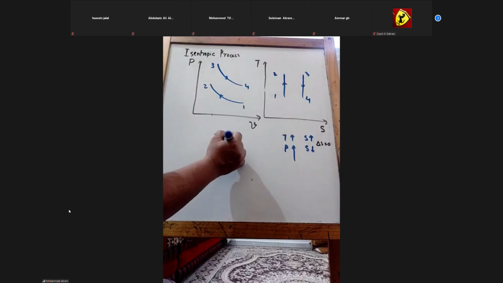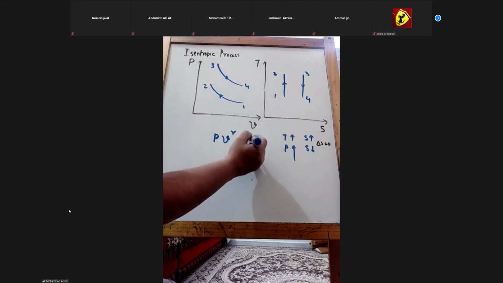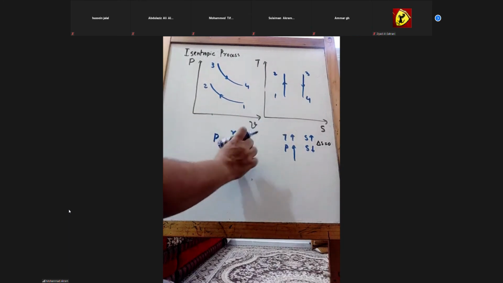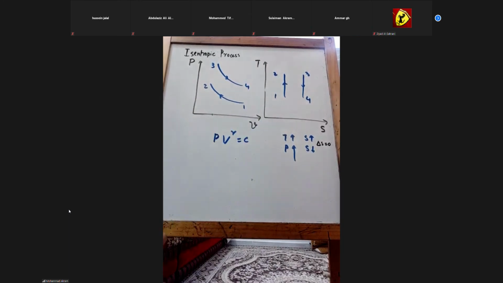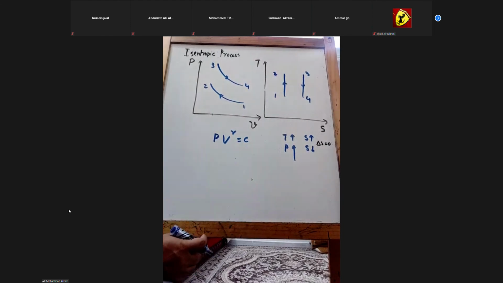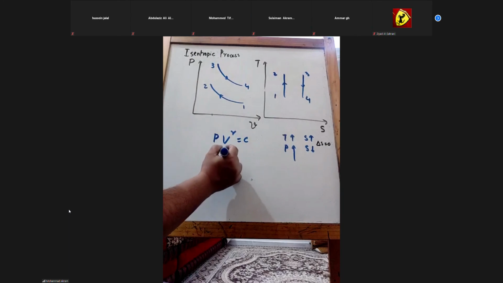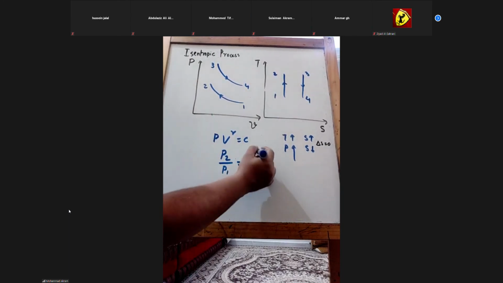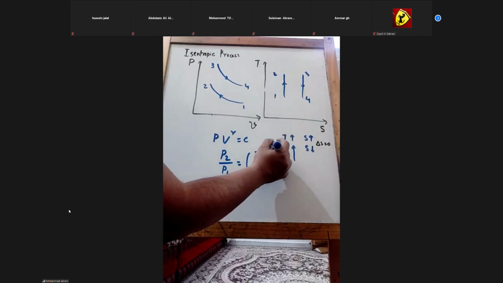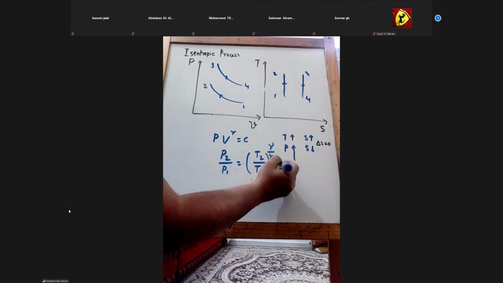Now PV raised to gamma is equal to C. Or you can write PV with capital V also, doesn't matter. In this case, I gave you P2 by P1 is equal to T2 by T1 to the power gamma divided by gamma minus 1.